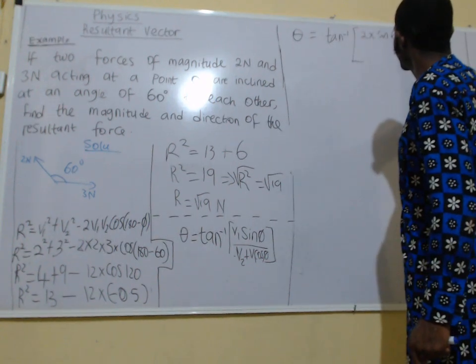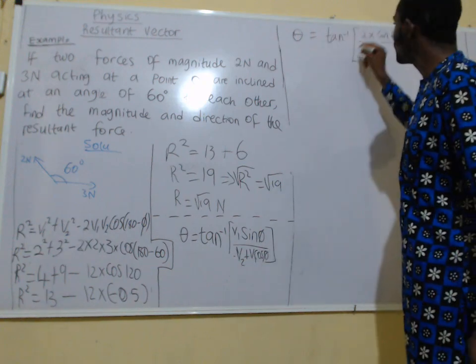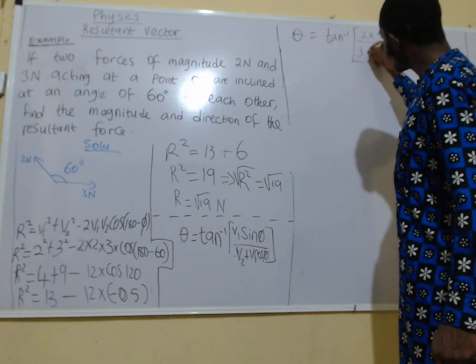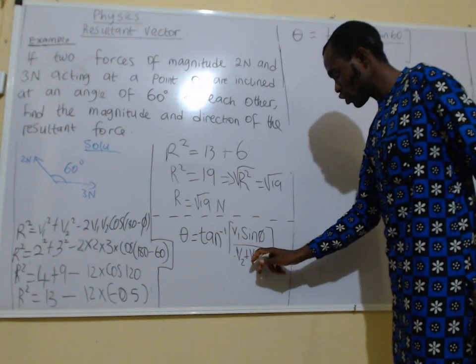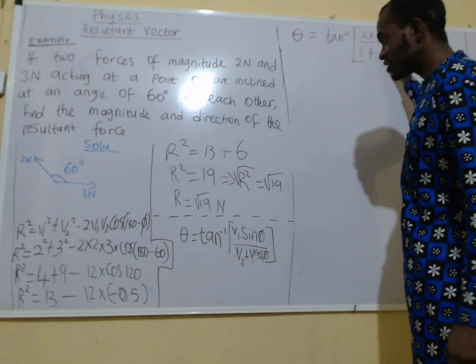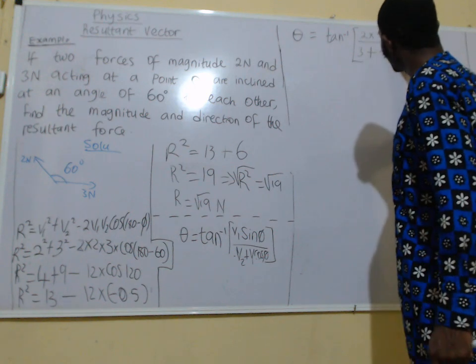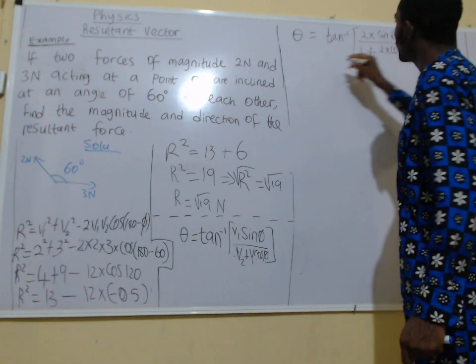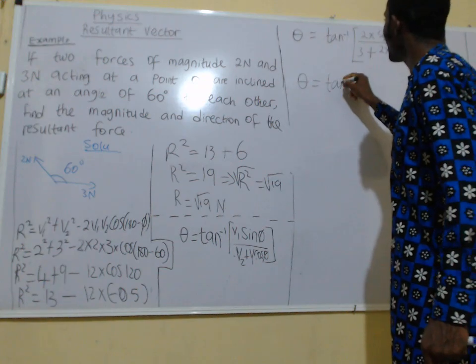Sine 60 over V2 is 3 plus V1 cos 60. So V1 still remains 2 times cos 60. Now theta is equal to arctan.